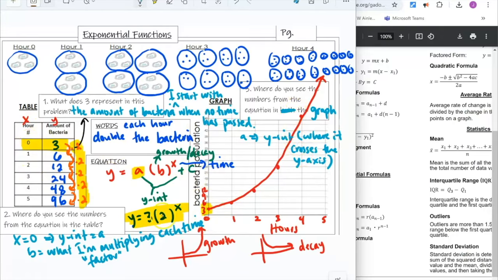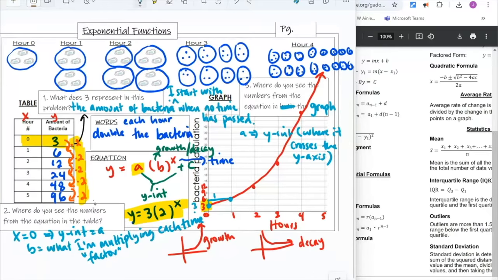All right, then where do I see this number 2? This one's a little bit more tricky because it's not very obvious. But going off the table, I know I'm multiplying by 2 to get to the next number, right? So how am I going from here to here? We can see I'm going to go up 3, from 3 to 6 is 3, and then I'm going to run 1. Then remember each one of these boxes is 3, goes up in 3.